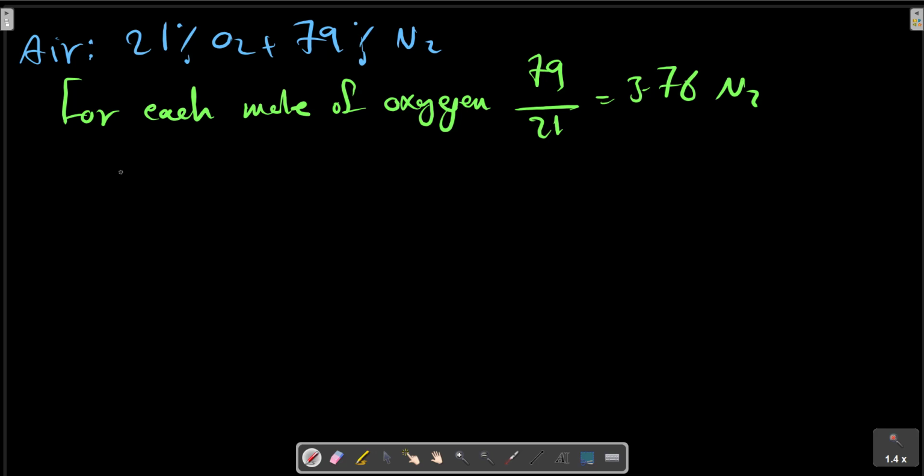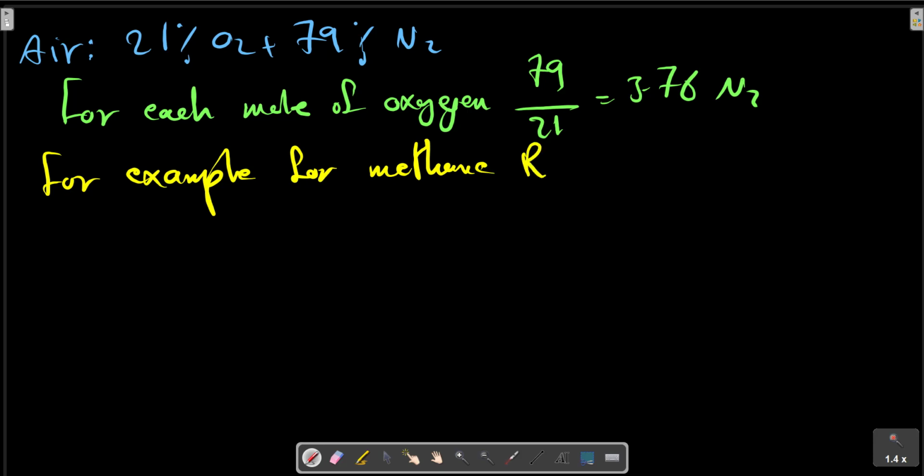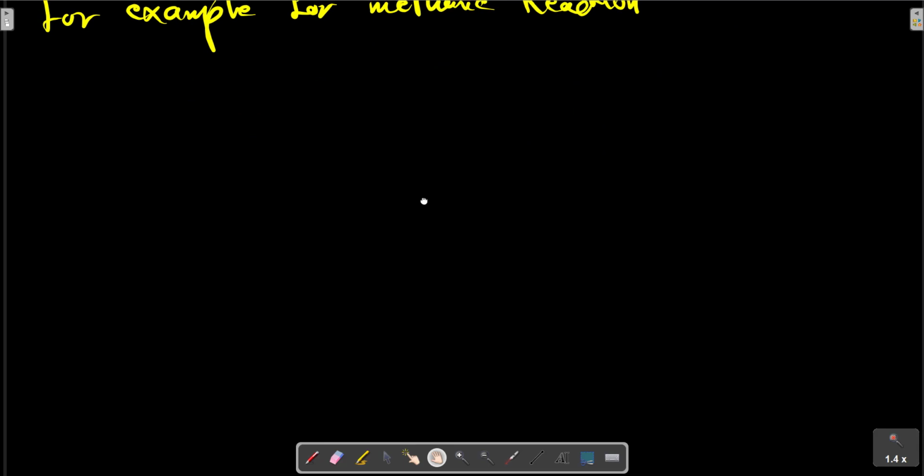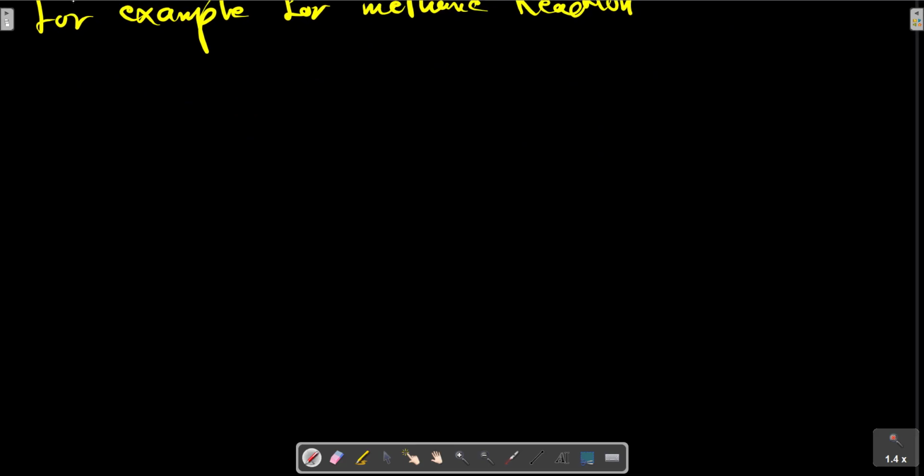Therefore, when the oxygen for the combustion of methane is supplied as air, the reaction can be written, for example, as CH4 plus 2O2 plus 7.52 N2.